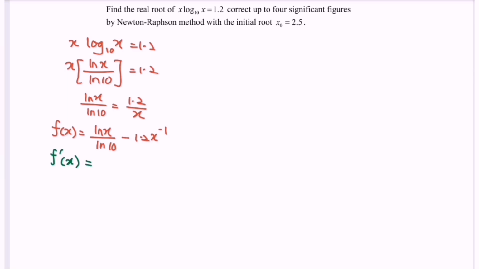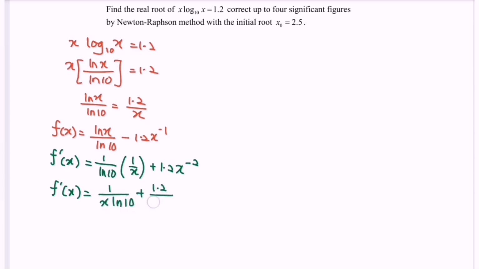So focus on the ln x. If we differentiate ln x, we will have 1 over ln 10 times 1 over x. And then continue, differentiate the negative 1.2 x to the power negative 1. So we will have positive 1.2 x to the power negative 2. Rewrite the situation. So f prime x is equal to 1 over x multiplied with ln 10, plus 1.2 over x squared.